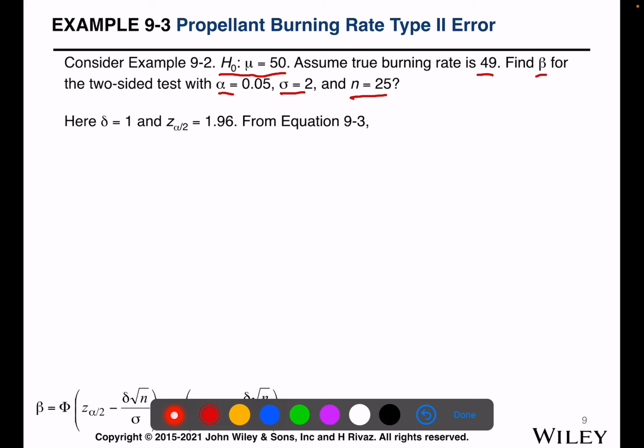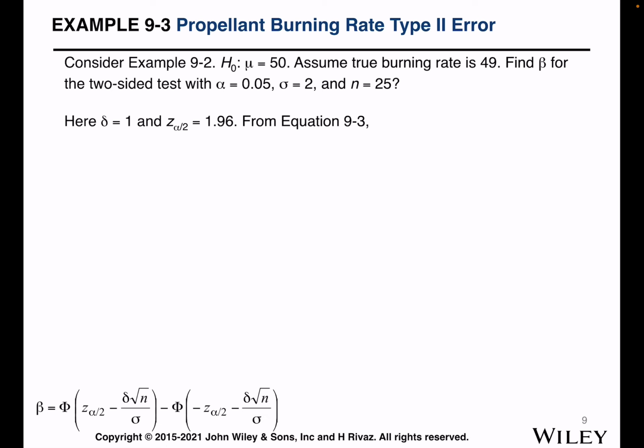So that means we have 25 samples, and we want to see what's the probability of type 2 error. Okay, so delta is 1 because this is 50 and the other one is 49, so the difference is 1.